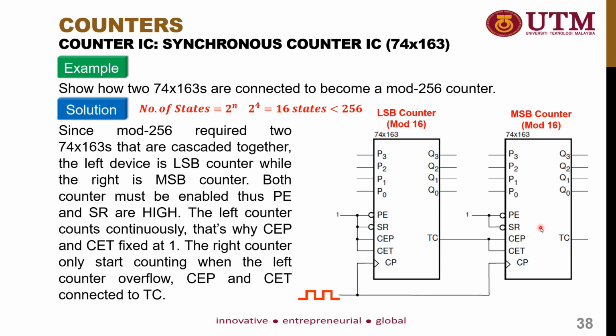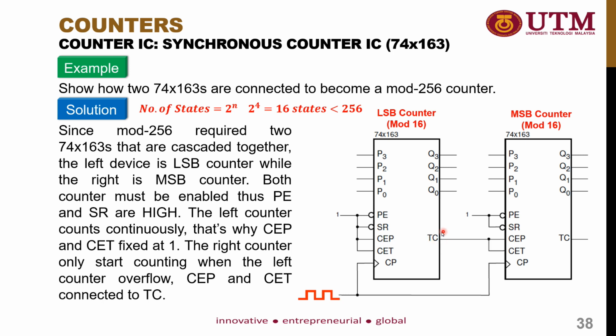For this IC, if you want to design a cascaded connection, you need to connect the TC pin. As previously mentioned, the function of the TC pin is that when the output of the 74x163 becomes 1 1 1 1, which indicates that it has reached the maximum number of states, TC will be activated.